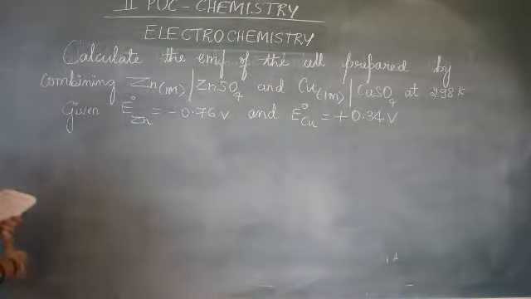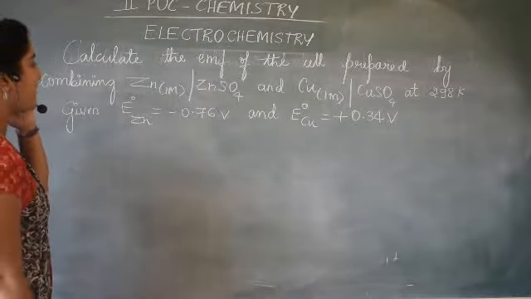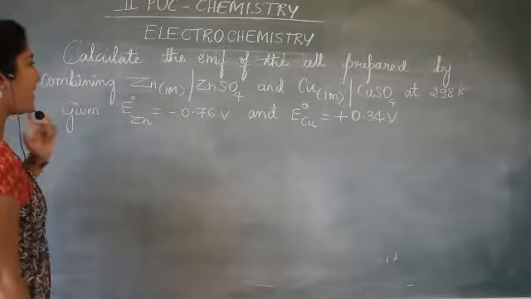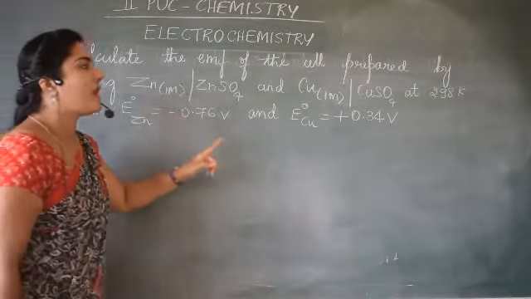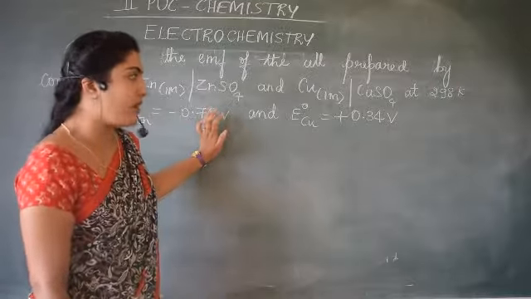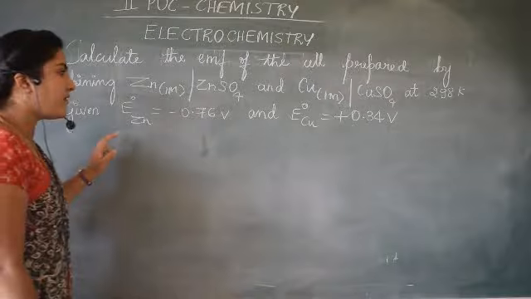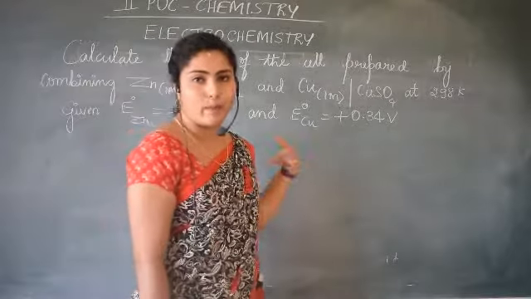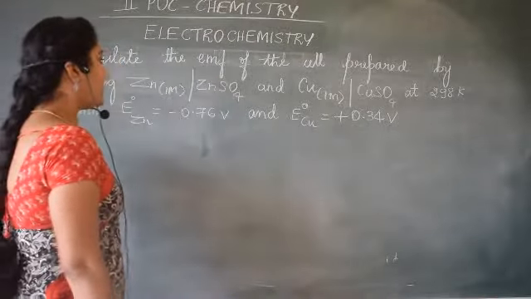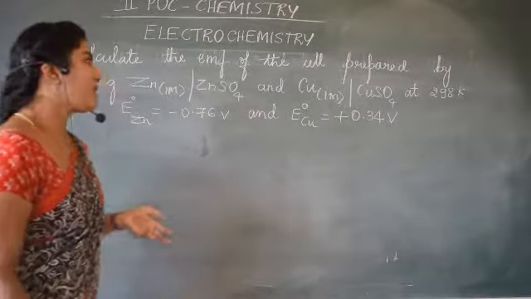So what is asked? You are just asked to calculate the EMF of the cell prepared using zinc electrode and copper electrode with zinc sulfate and copper sulfate as the electrolytic solutions at 298 Kelvin. Here the electrode potentials of zinc and copper are given. It is nothing but the Daniell cell.